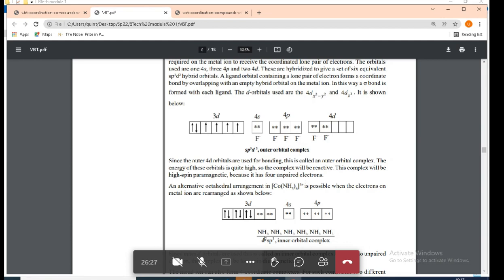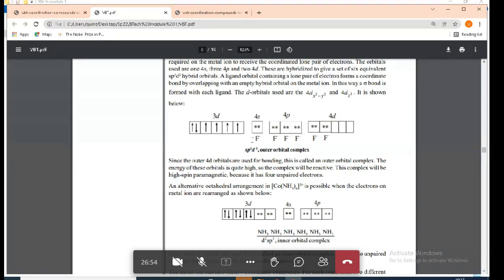They are stronger ligands, and they tend to cause pairing, leading to a relatively more stable complex, giving you d2sp3. That is, the 3d orbitals come into the picture here, along with the 4s and 4p. So 3d, 4s, 4p hybridize together, they mix up to give you 6 equivalent orbitals, giving what is termed an inner orbital complex.